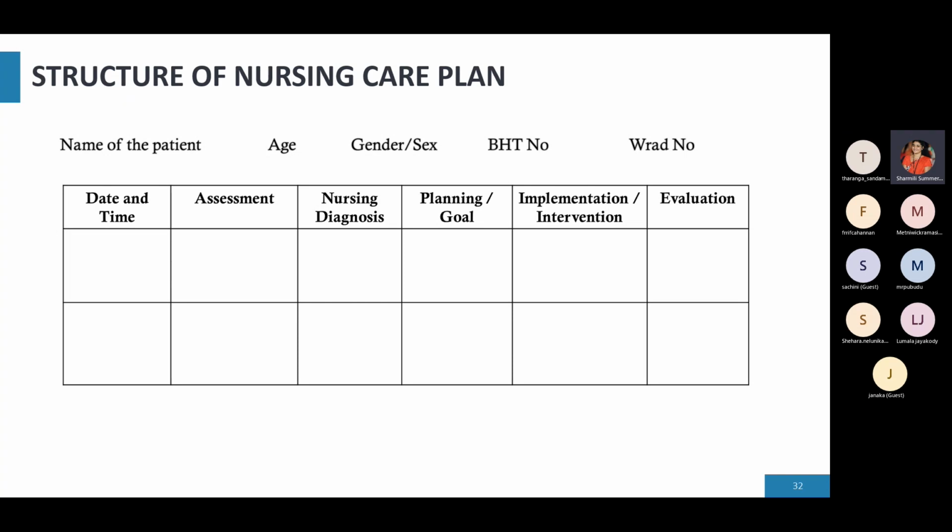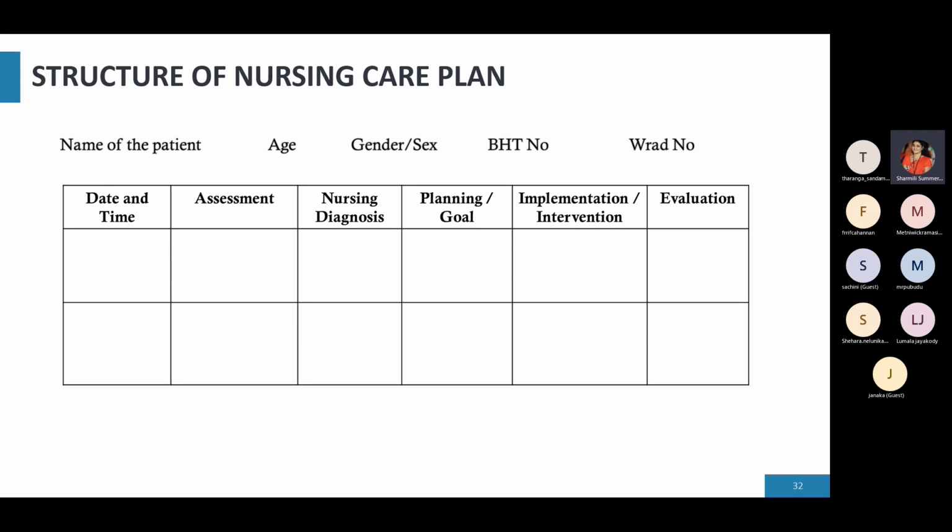So pain related to, that means the pain caused due to the surgery. How do I know as a nursing officer? Because the patient stated, or told me, that I am having a pain. The patient verbalized. So there is a way of writing a nursing diagnosis, and these are the three components included in it.